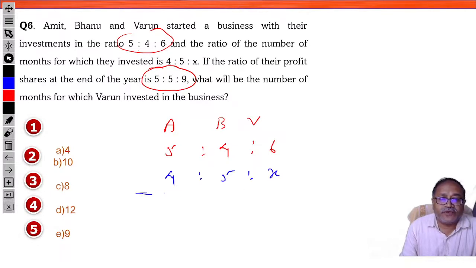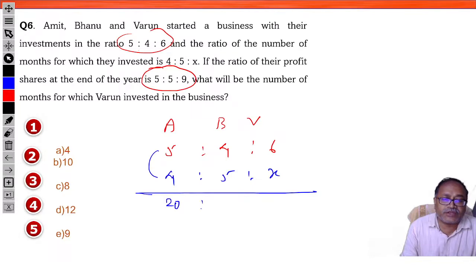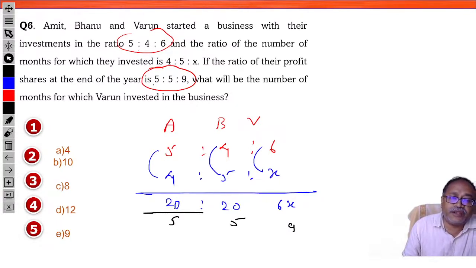Okay. So this is what the capital ratio is. 4:5:x. So we know that this is 5 into 4 is 20, the profit and loss ratio. Now here 5 into 4 is 20 and this is 6x. So if you know that this is 5 and this is 9, that means it is divided by 5 and 9.